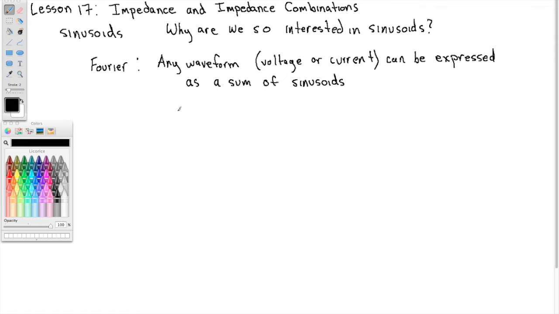Okay, so for example, you have some odd-looking waveform that's a voltage. Call it V of t.